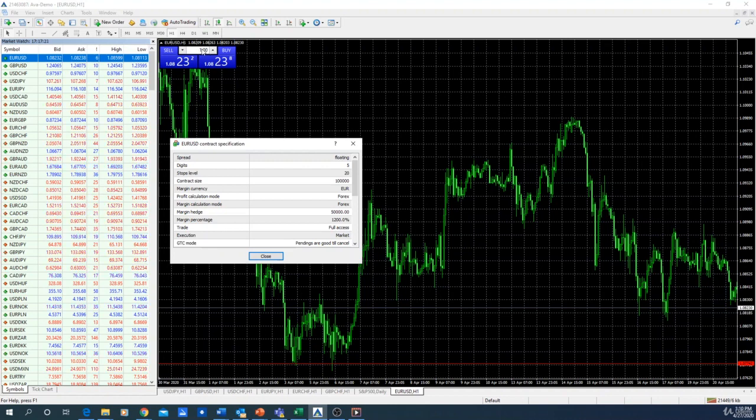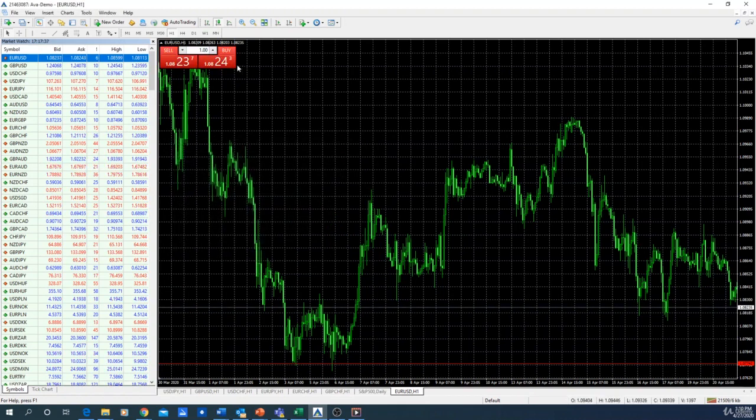Your volume of 1 is simply the value of the contract size. So for example, if it's 1, it's simply 1 multiplied by the contract size. So it's one contract. So you will buy one contract. This means you'll buy 100,000 euros. If your volume, let's say, is 0.1, this means you buy 10,000 euros.